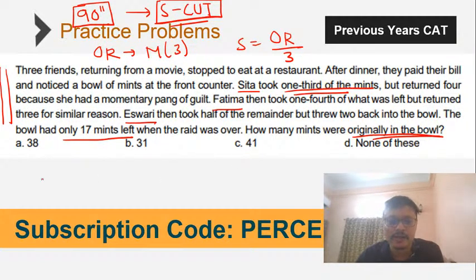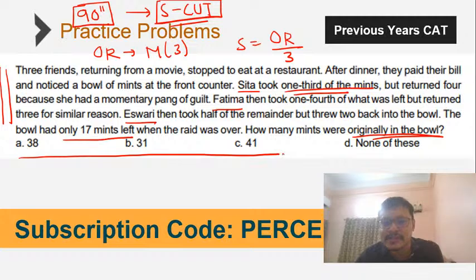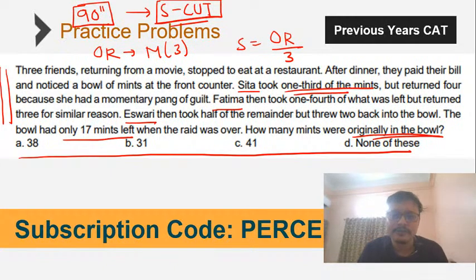So just check which of these options is a multiple of 3. If you are not able to solve, at least focus on which of the options is a multiple of 3, given that Sita took 1/3. So which option is a multiple of 3? 38 is not a multiple of 3, 31 is not a multiple of 3, 41 is not a multiple of 3, which means I could have straight away marked the answer as option D, none of these.